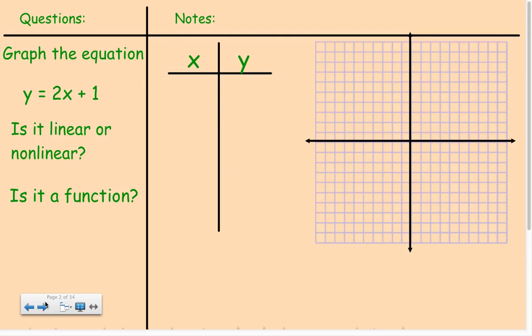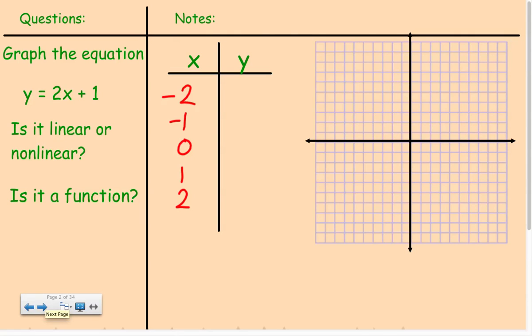The first thing you need to do is make a t-table, which is on the right-hand side with the x and y. On every problem, it's easiest if you have some negatives, a 0, and some positives for your x values. Now keep in mind, you can choose anything you want. The x values are determined by you. The y values then depend on the x.